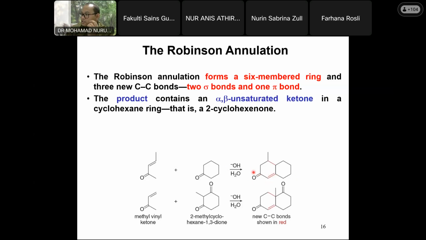This one is an alpha beta unsaturated ketone. In the cyclohexane ring, there is a cyclohexanone. Cyclo is cyclic, hexane is a 6-member ring, ONE is a ketone.